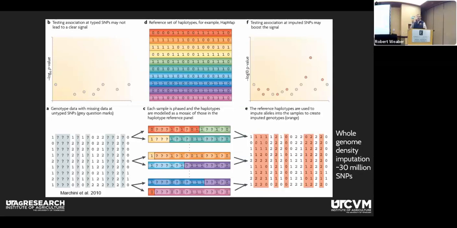And the end result after phasing and imputation versus this reference is a higher density set of genotypes in which we're maybe able to better refine those causal variants or important potentially functional variants when we run an association study.